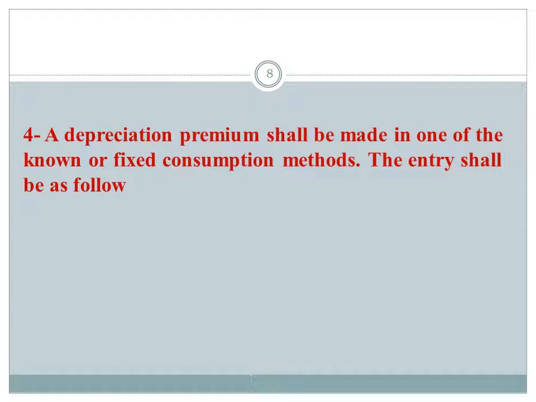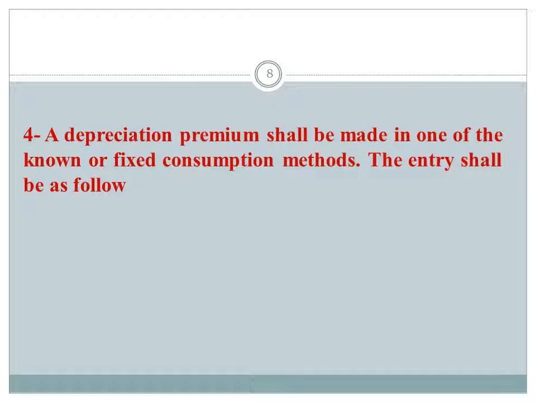At the end of the year, depreciation shall be computed by one of the known or fixed methods. There are many methods to compute depreciation, such as straight line method (SLN), declining balance (DB), double declining balance, and so on.